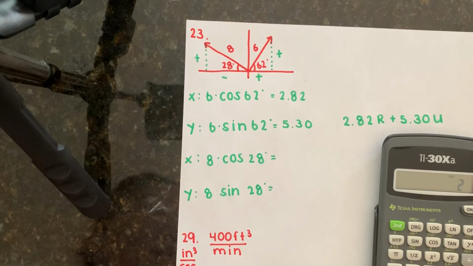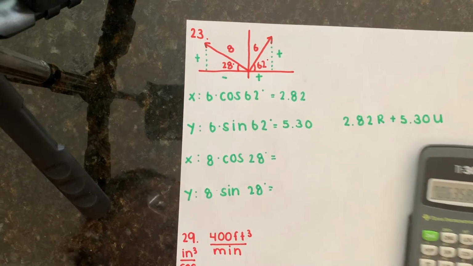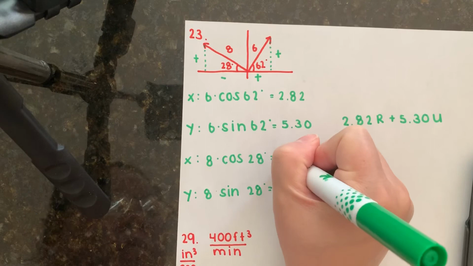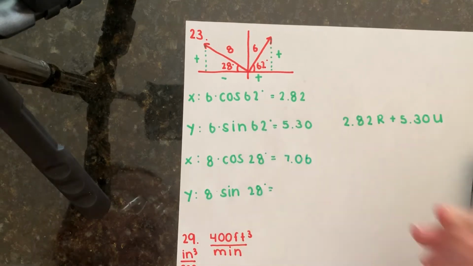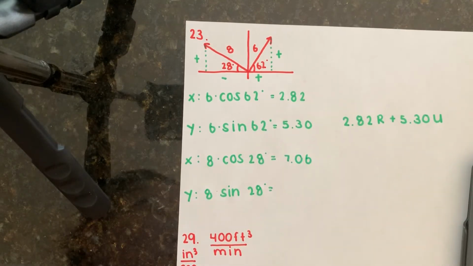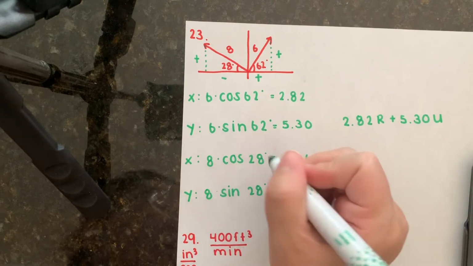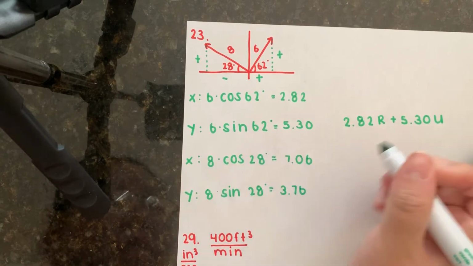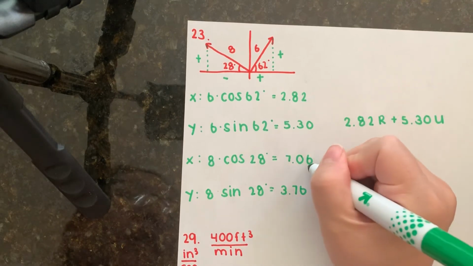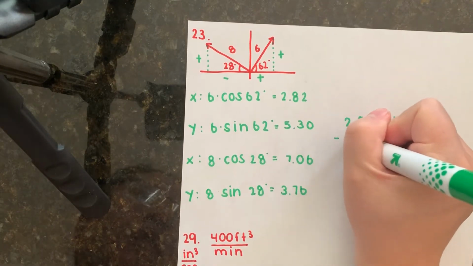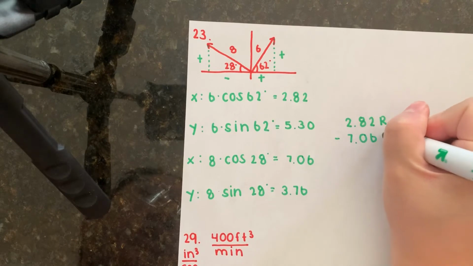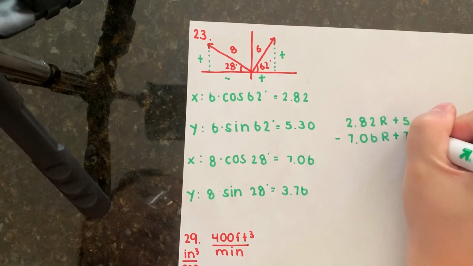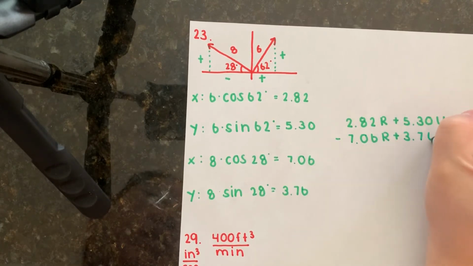So 8 times cosine of 28 equals 7.06. And then 8 times sine of 28 equals 3.76. So my r is negative, so that would be negative 7.06 r. My u is positive, so that's 3.76 u.